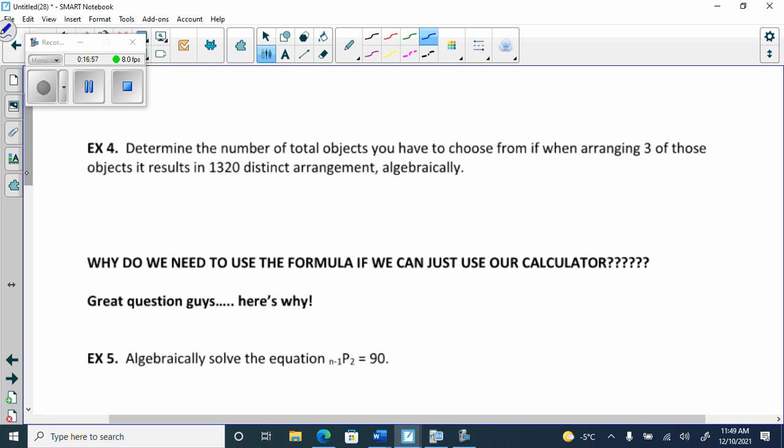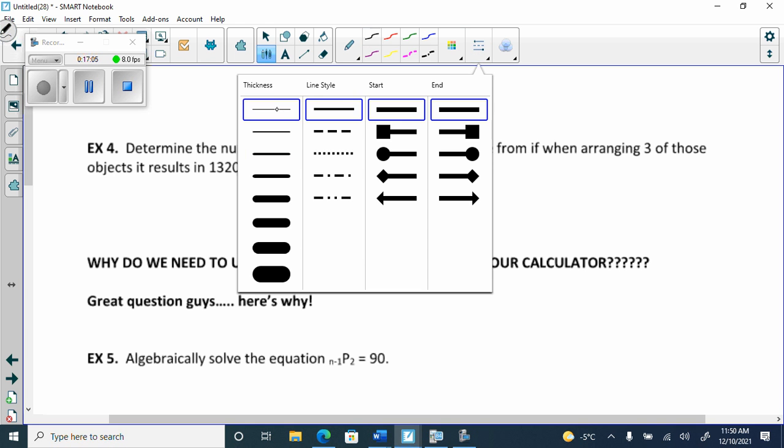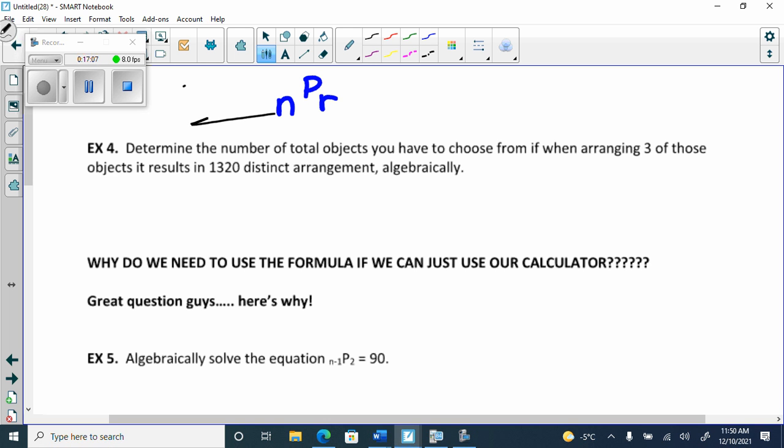This is what we have to do. nPr is the formula that I just showed you on the previous page, correct? What does this stand for? Well, n is the number of total objects, and r is the number of objects chosen.